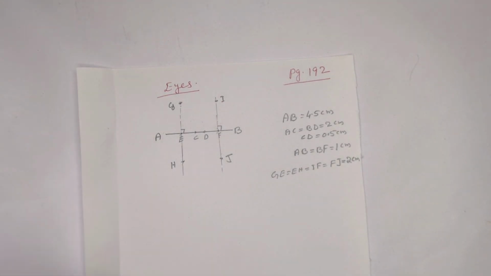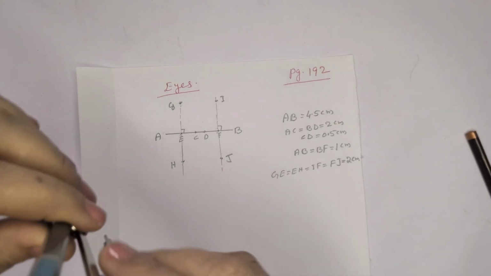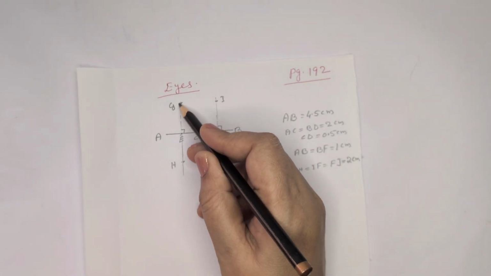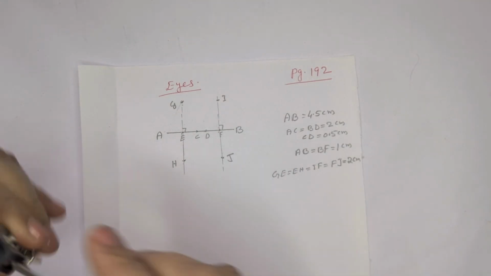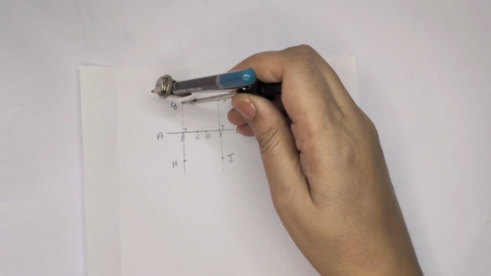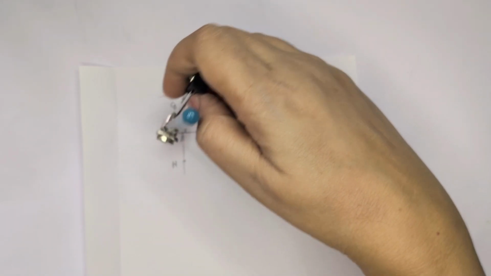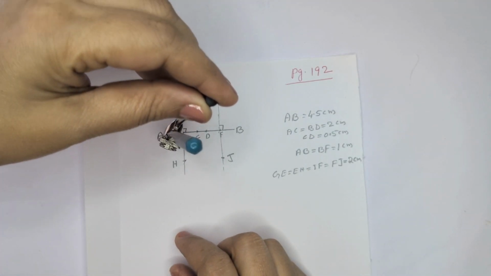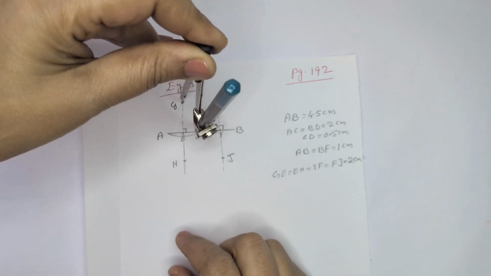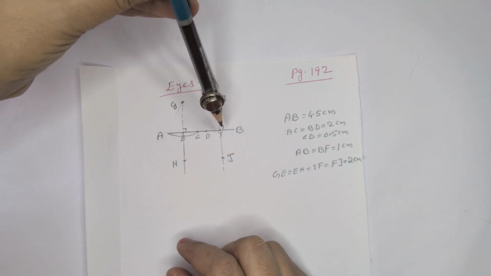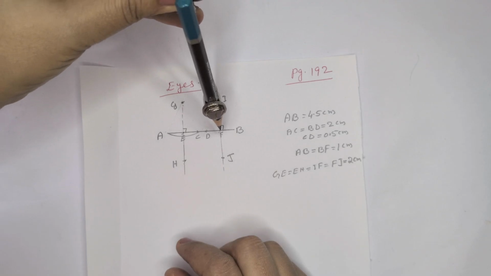Then take the compass and AG, this is the radius, AG as the radius. So you can keep the compass on that point G and A, this is the radius. Draw a curve that will pass through C, and in the same way from I also.